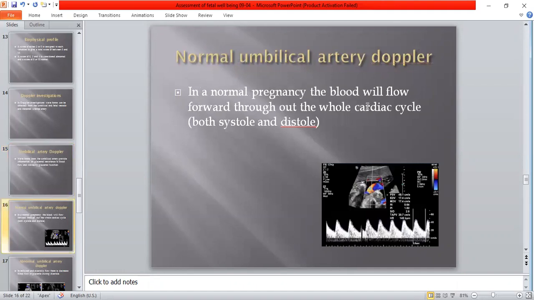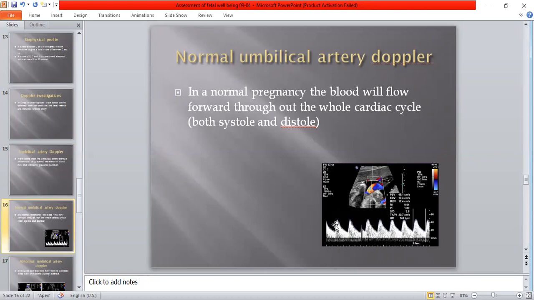This picture shows the normal umbilical artery waveform. In a normal pregnancy, the blood will flow forward throughout the whole cardiac cycle, both during systole and during diastole. This waveform shows the blood flow through the umbilical artery. This blood flow is during systole.